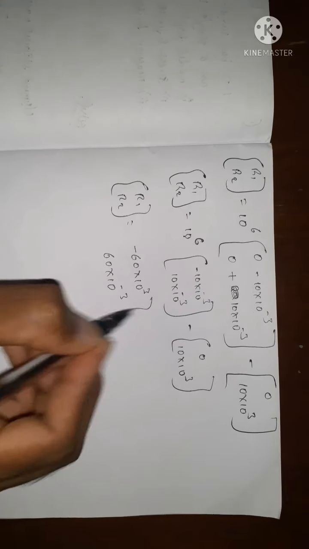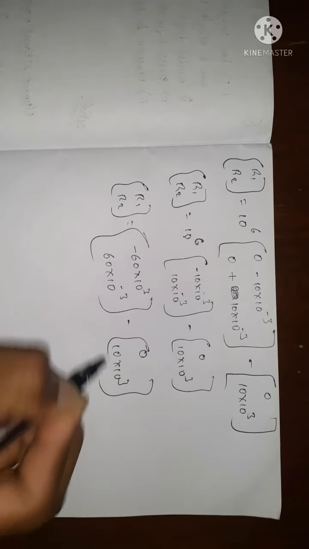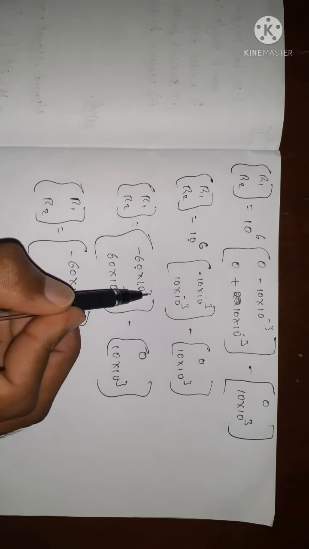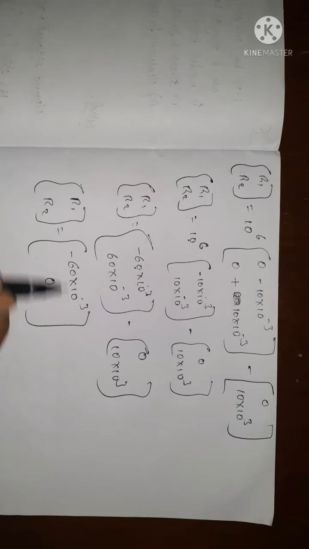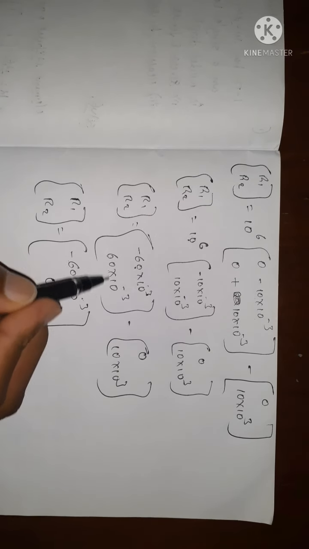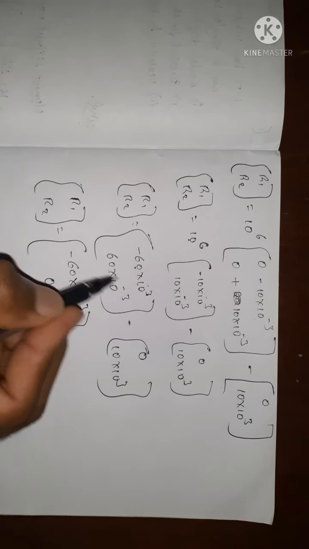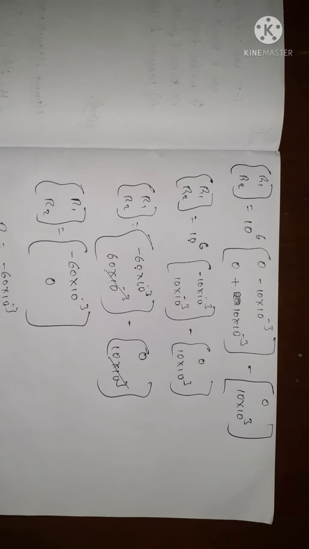So minus 60 into 10 power 3 plus 60 into 10 power 3 is cancelled, which is 0. Where R1 is equal to minus 60 into 10 power 3, and R2, the reaction force, is 0.